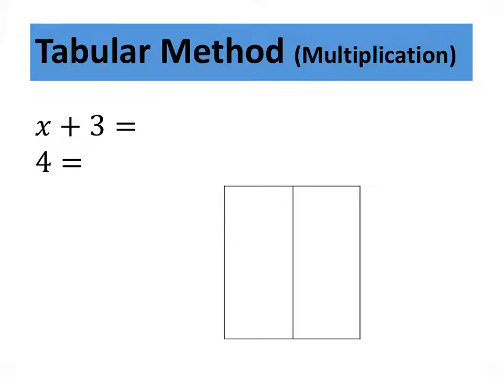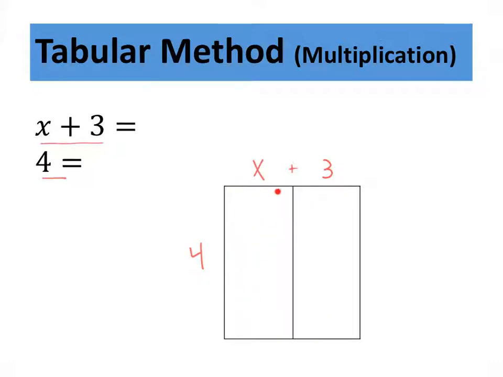Well, we can break down any polynomial into its elemental parts. So here I've got x plus 3. We're going to make that the length x and 3, and then the height of this is going to be 4. When I'm multiplying these things, I'm looking for the area of this box.